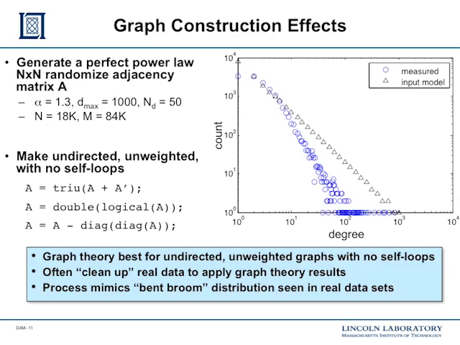A lot of times we'll just do A plus A transpose, but then you get these annoying factors of 2 laying around. And so this is a way to not do that. So we've made it undirected by doing that.